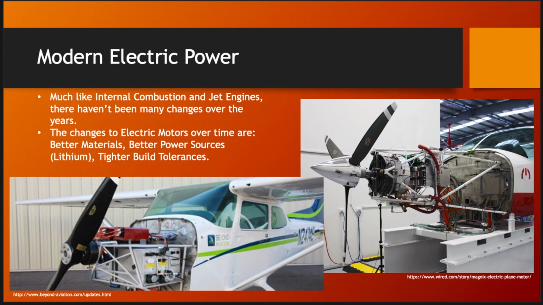Electric motors have, much like the internal combustion engine and the jet engine, really haven't come that far. It's just the way that they are is by materials and tolerances and different things to make them more efficient. Electric motors have gotten better as far as windings and stators and stuff like that, but the major change is the batteries. More powerful and lighter batteries.